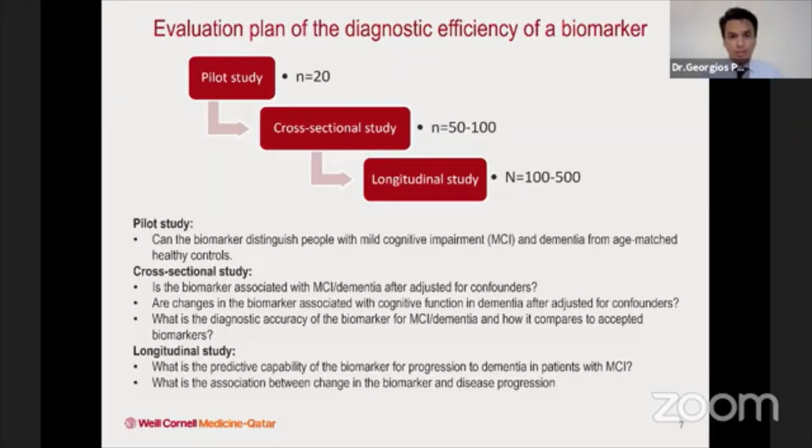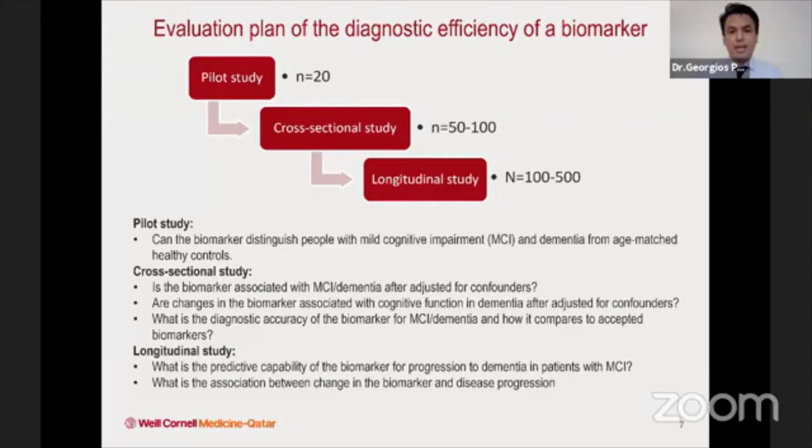If you succeed in finding a significant difference there, then you can proceed to a cross-sectional study where you can recruit a larger sample size. And here, while you look at the differences between healthy controls and dementia, you can adjust for any other confounding factors that may be associated with your biomarkers, such as duration of diabetes, duration of cognitive impairment, or hypertension, for example.